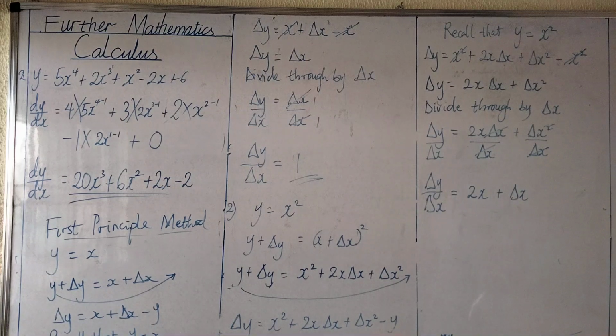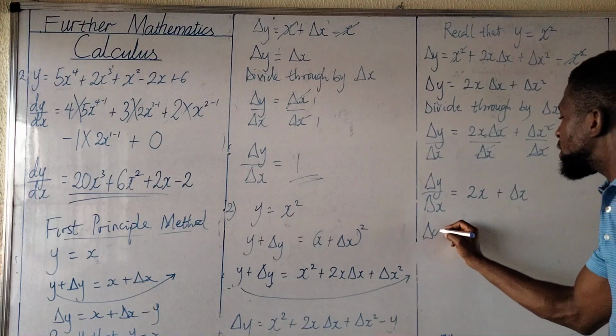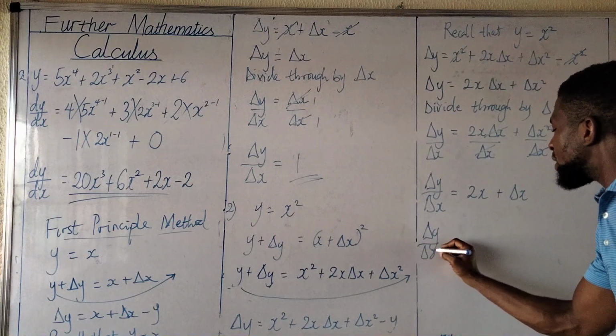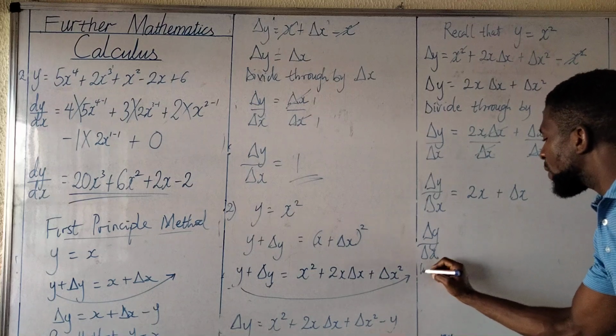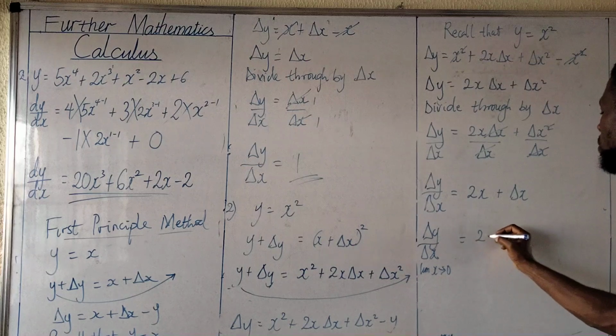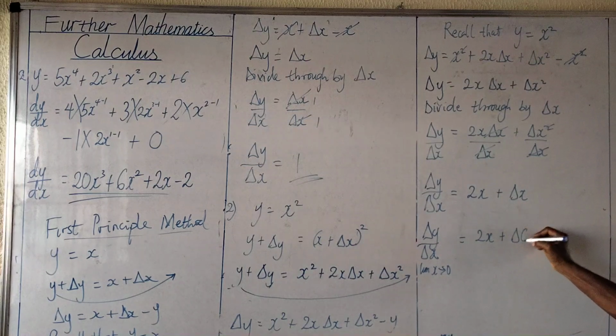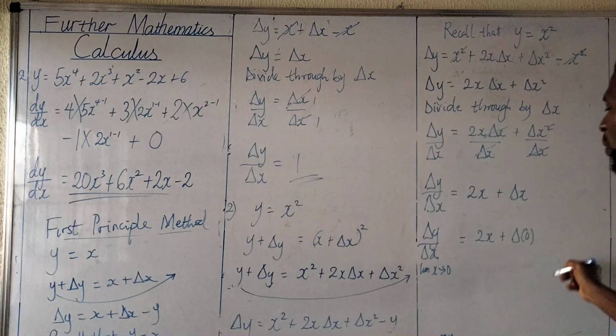Now take limits of change in x as it tends to 0. So this will be change in y over change in x as the limit of change in x tends towards 0. So this will be 2x plus change in x, which tends to 0, so that term becomes 0.